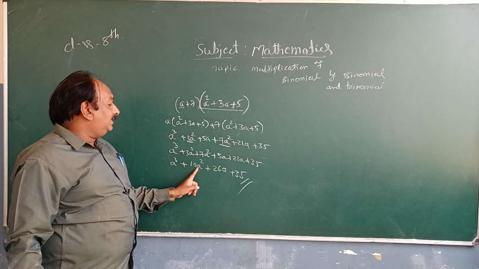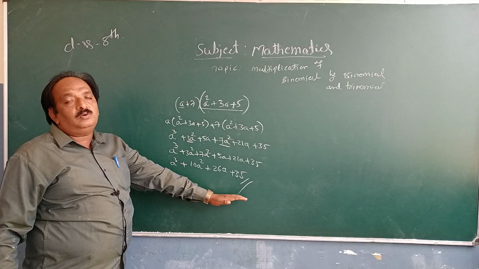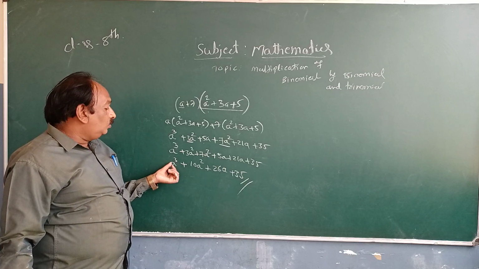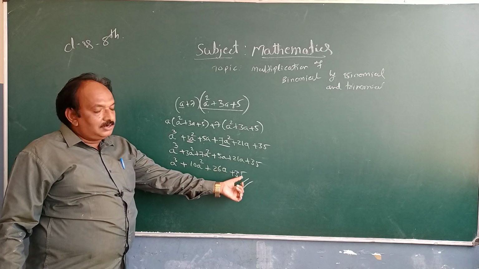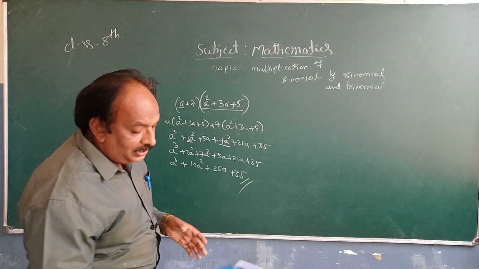Add all these: 7 plus 3 is 10, 21 plus 5 is 26. Again, they are not going to be added, because a cube, a square and a constant are different. So this is another type of multiplication.